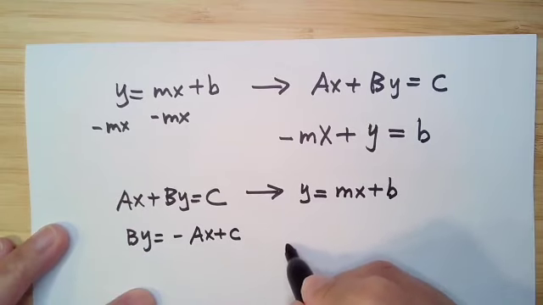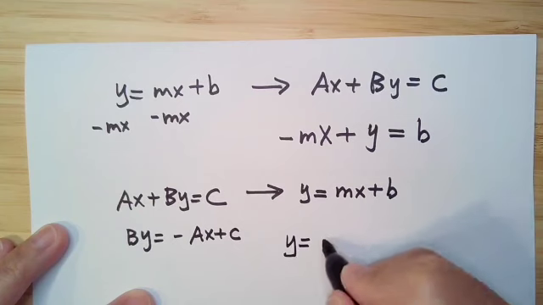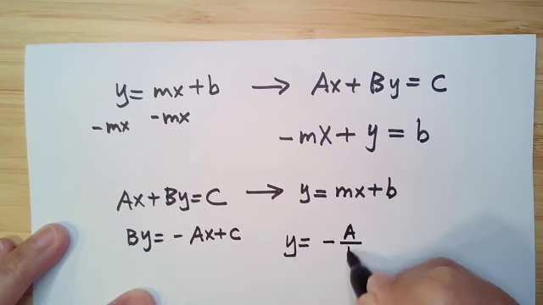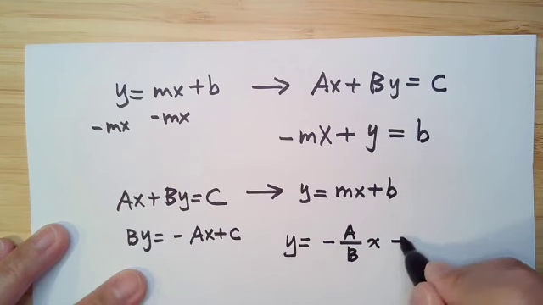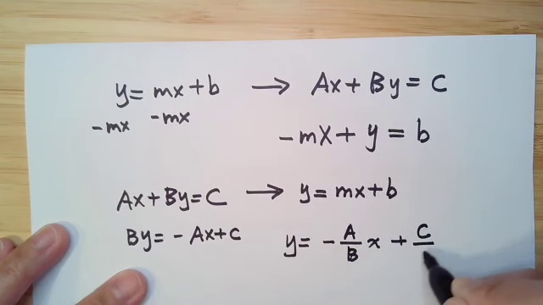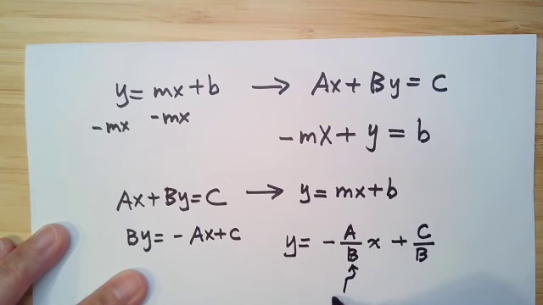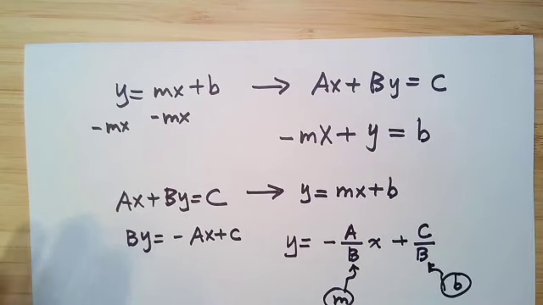So I get y equals negative a over b times x, okay, plus capital C over b. This is the slope, and this is the little b. See? I'm doing forward and backward. So this is how I work on the conversion of them.